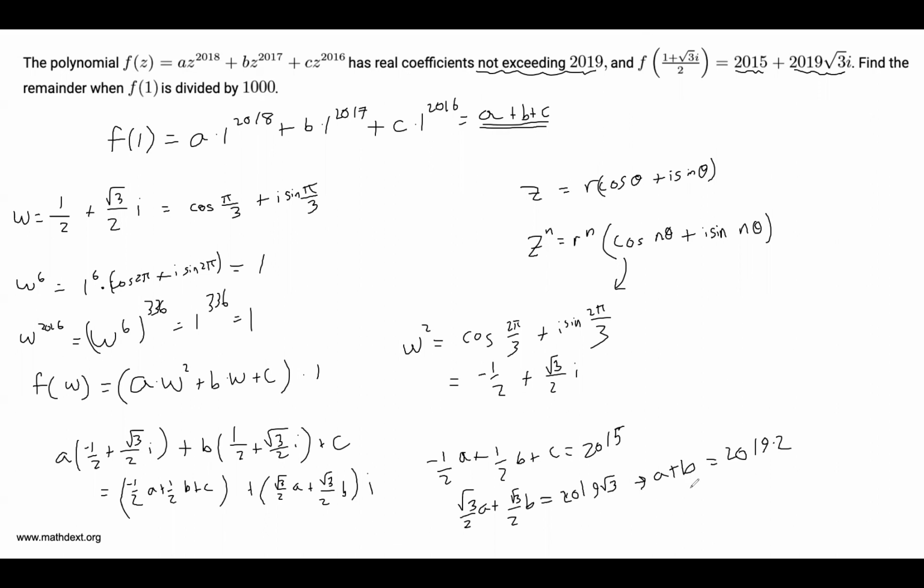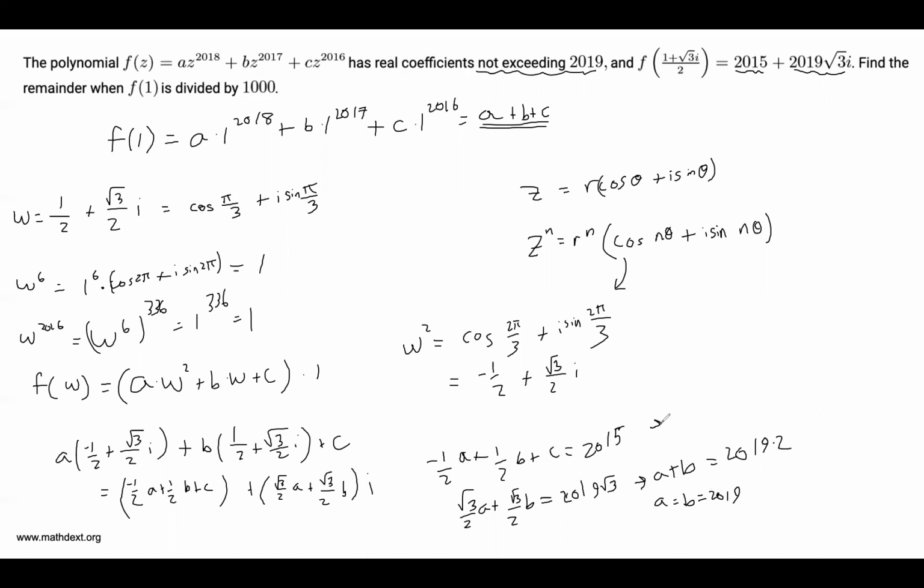It means that since a plus b is 2019 times 2, we have that a equals b equals 2019. That's the only way we can have both of them not exceeding 2019, because if one of them was smaller than 2019, the other one would have to be bigger than 2019 to get the sum of 2 times 2019. So we have a equals b equals 2019.